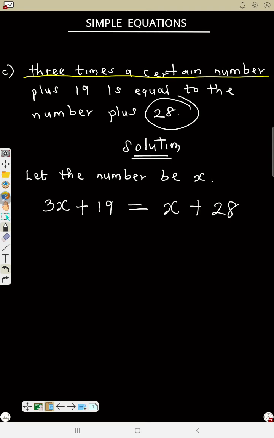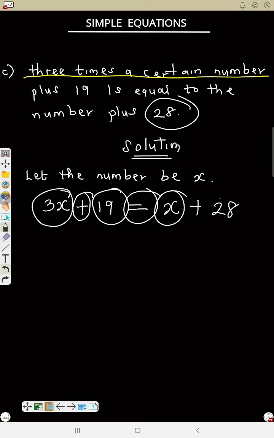So that's it. 3 times a certain number plus 19 is equal to x plus 28.